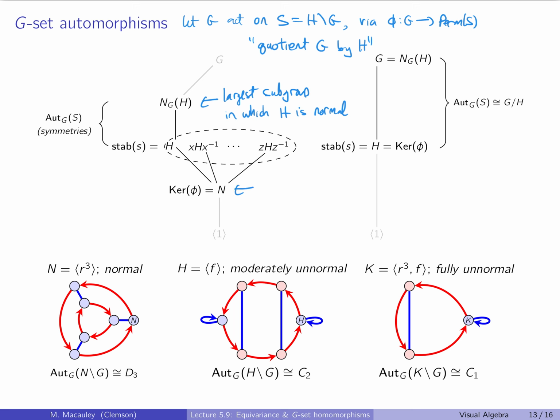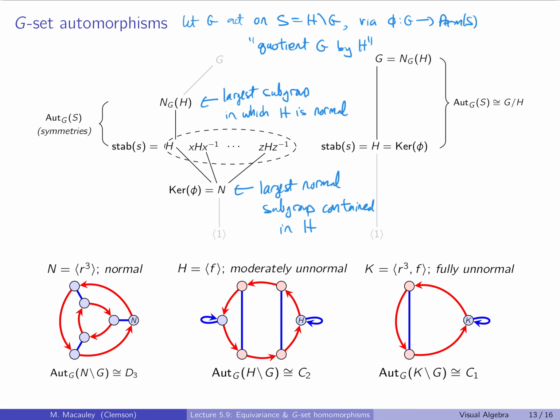And remember, the kernel is the base of the conjugacy fan, the intersection of the conjugate subgroups. We did that earlier this chapter. This is the largest normal subgroup contained in H. That's something that we also proved, that the intersection of conjugate subgroups is the largest normal subgroup contained in it.